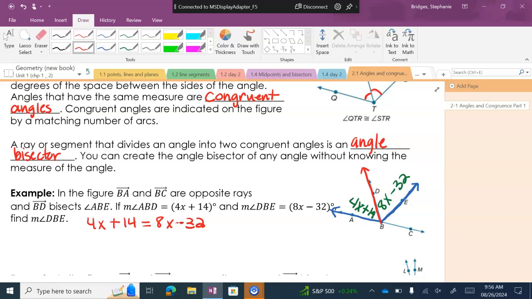We are setting these equal because they told me that ray BD bisected angle ABE, so the red ray in my picture bisects the blue angle. So I'm going to set its two pieces equal to each other and solve for x.